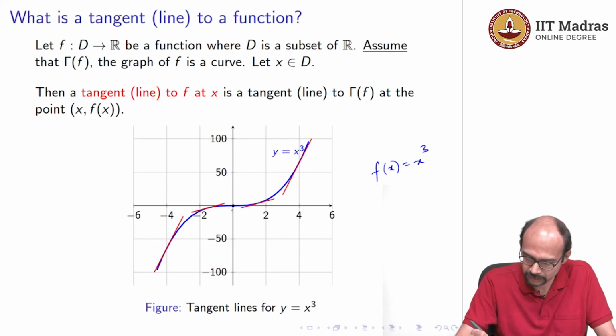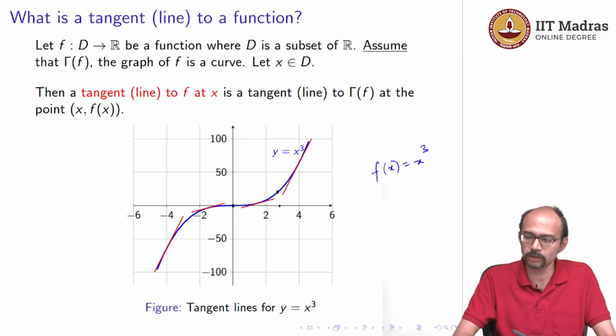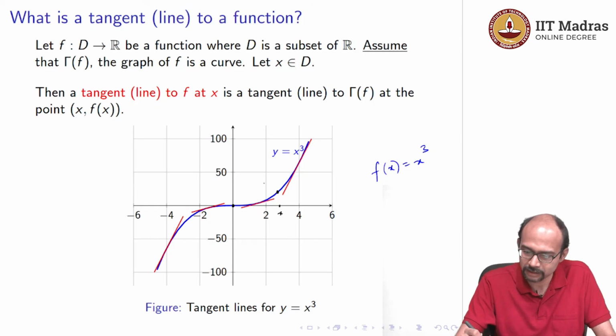In this case it's just the point 0, 0, but if you want to do that for, let's say, this point here, then I have to look for the point corresponding to this. If this is x, this is the point x comma f x, and then ask for this curve, meaning the graph, what is the tangent line.